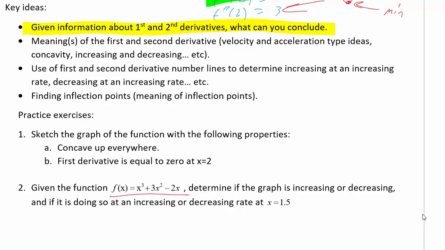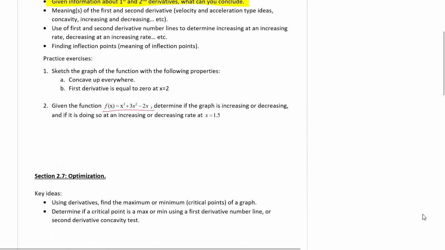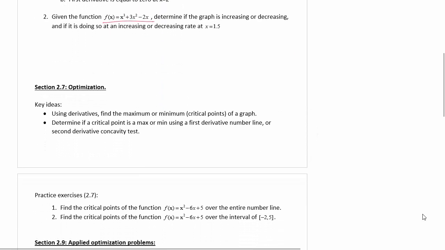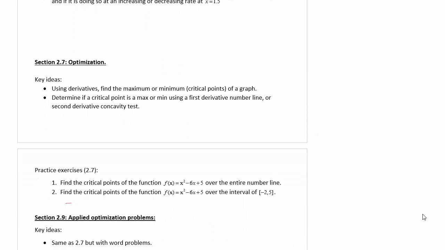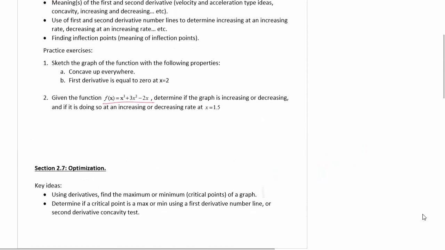And then also, this one doesn't have bounds. What if it did? Oh, here we go. So like we see that in 2.7. Here's your optimization, right? So find the min or max, and then find the min or max given endpoints. So remember to check those endpoints to see if they are actually the absolute mins and maxes. So that's the 2.7.